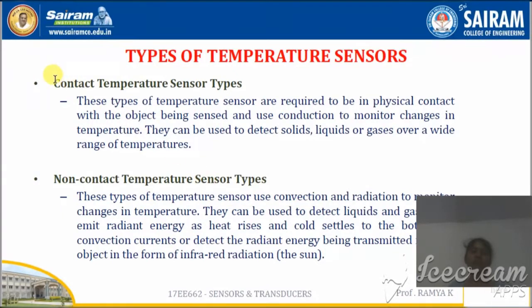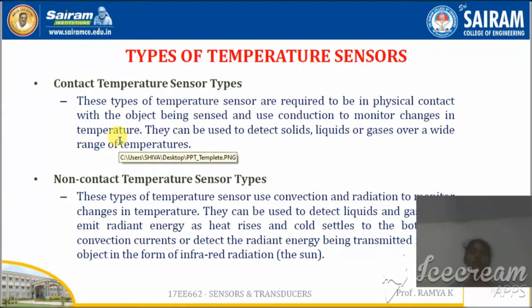As the name specifies, it is a contact temperature sensor type. A contact temperature sensor needs a physical contact with the object being sensed, and uses conduction to monitor the changes in temperature.